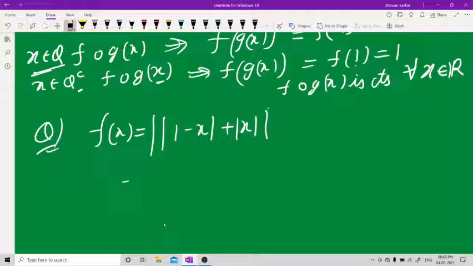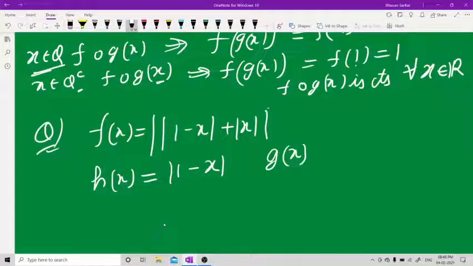I take h(x) as 1 minus mod x, and g(x) as mod x. Now this is a mod function. See the graph.